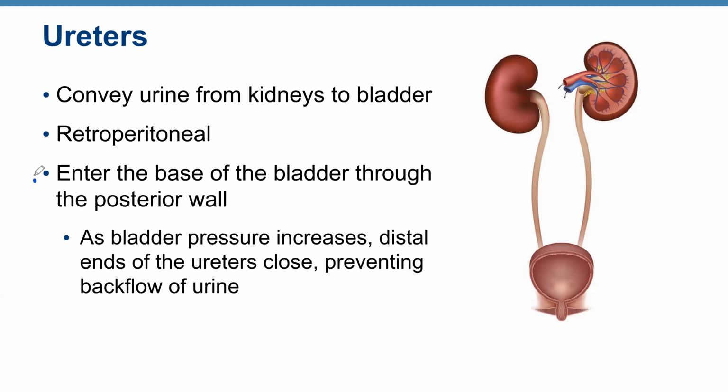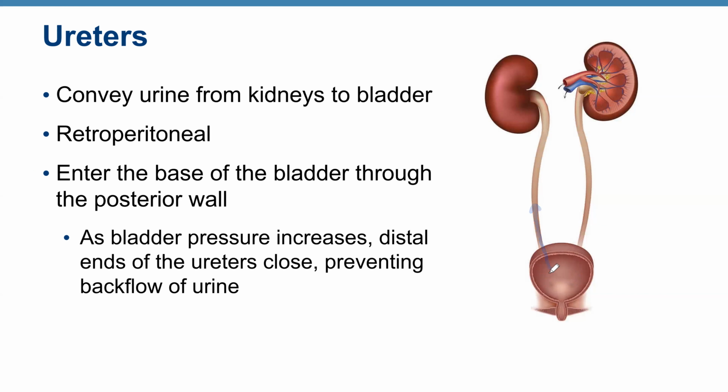So ureters enter the base of the bladder through the posterior wall. As bladder pressure increases, distal ends of the ureters close, preventing backflow of urine. When urine fills your bladder, you don't want urine to start backing up, right?